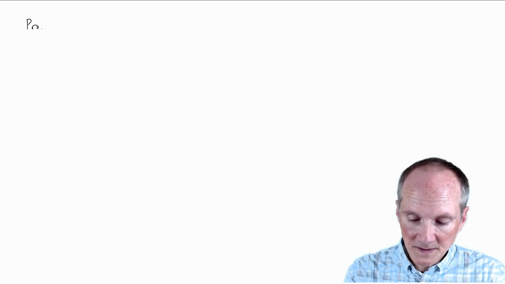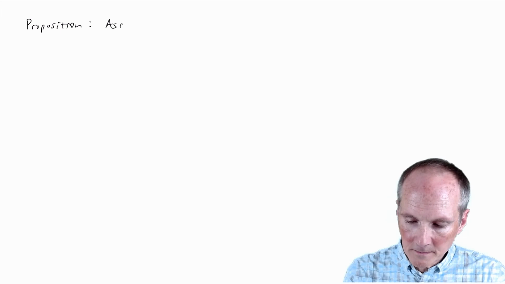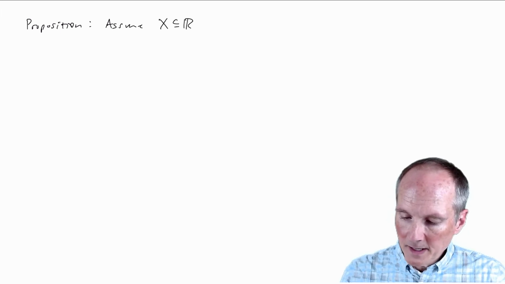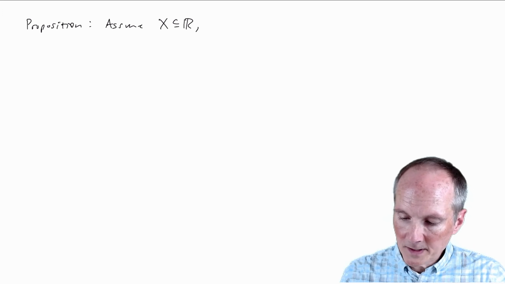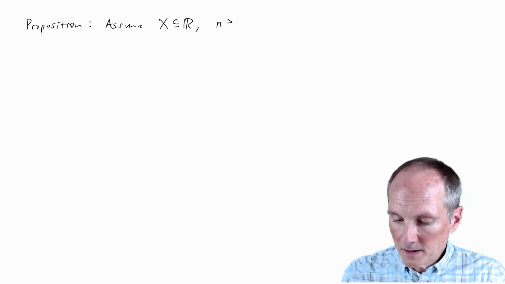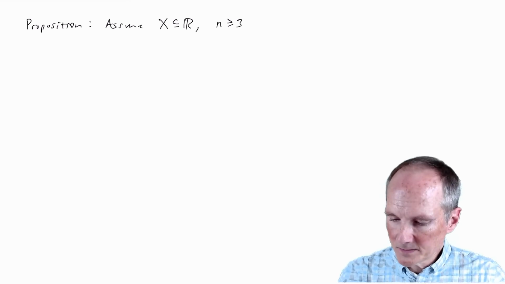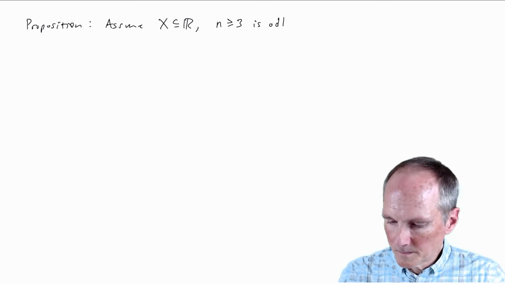So let's assume that we're in the one-dimensional model, and let's assume that there is an odd number, and let me say that there's at least 3 individuals, okay?